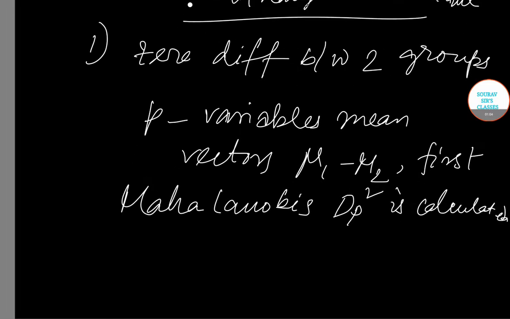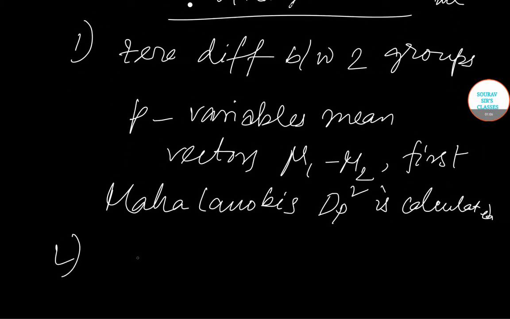Also, the distribution of Dp square is approximated to an F distribution, and thereby the test is performed.